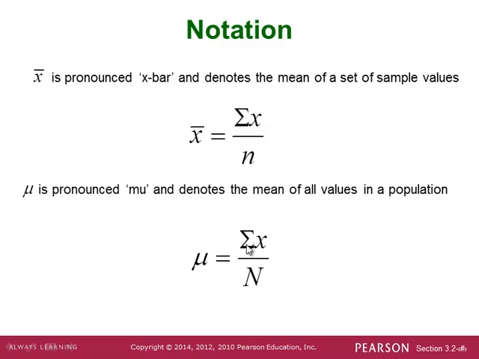We typically don't know mu because we typically don't even know how many individuals we have in the population. If we did, we would have done a census. We typically don't have the resources to do a census, so we take a sample and we compute the sample mean instead.